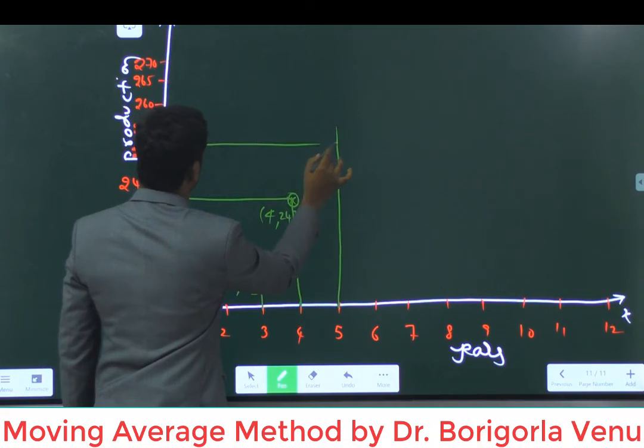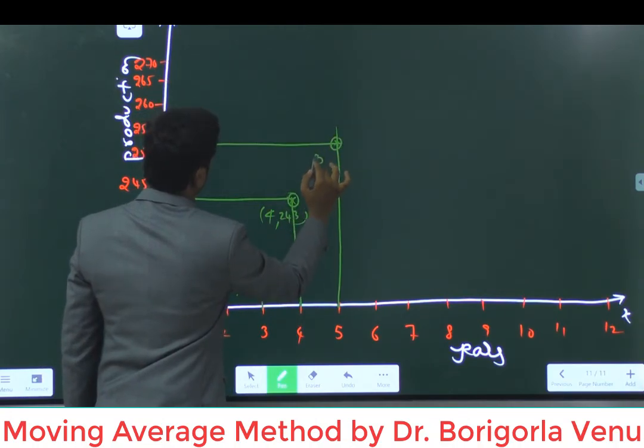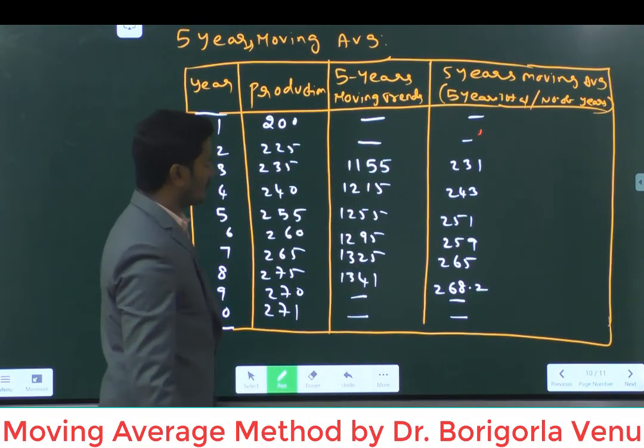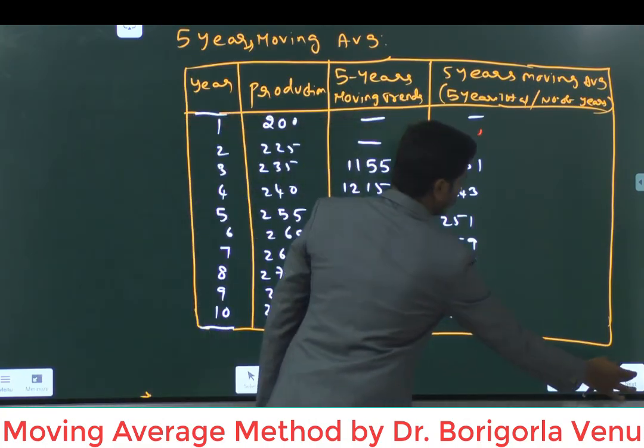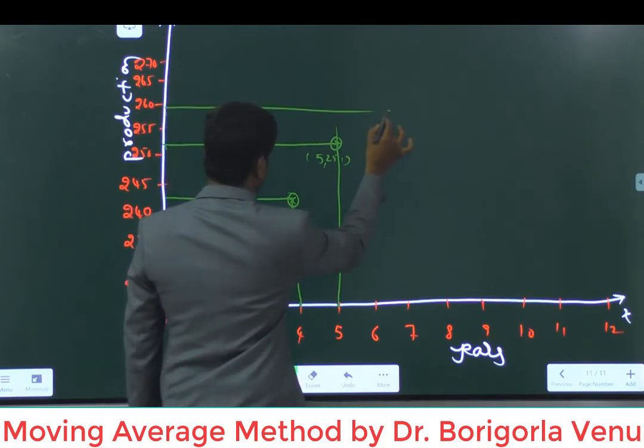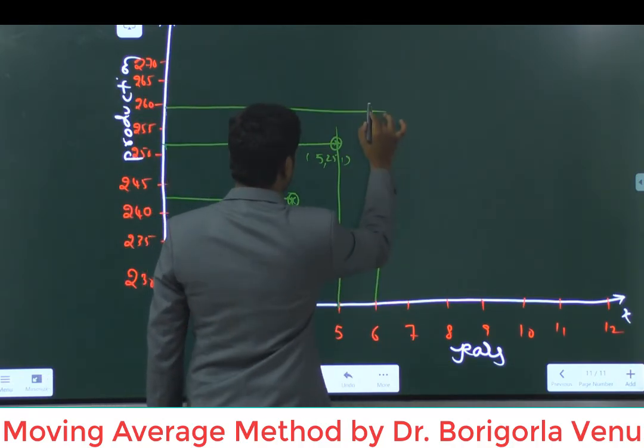Coming to the sixth year, the demand is 259, so we plot 259 for the sixth year.